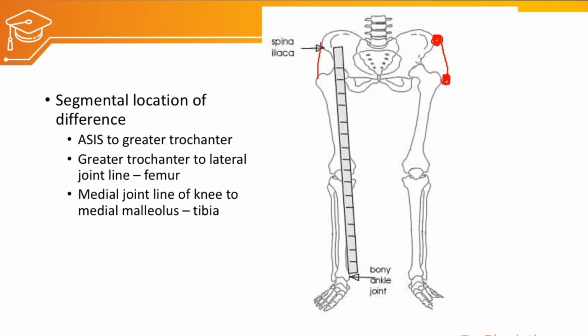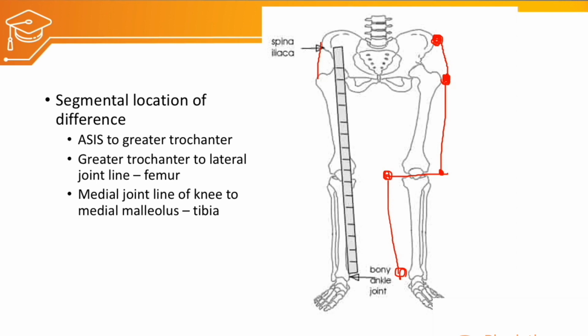The second segmental distance to be measured is from the greater trochanter to the lateral joint line of the knee. The third segment is from the medial joint line of the knee to the medial malleolus. In this way, we can measure the segments of the lower limb and see where the shortening or lengthening has occurred.